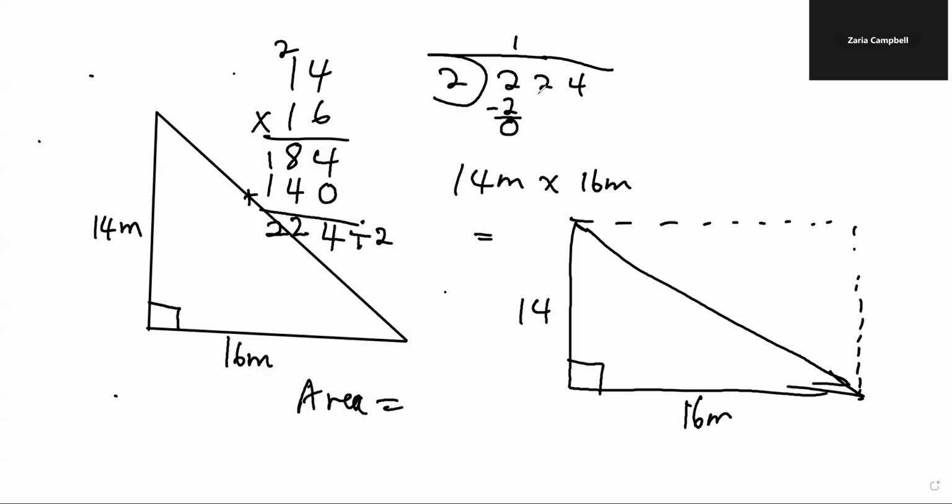And then we bring down the 2. 2 into 2 is 1. 1 times 2 is 2. 2 from 2 is 0. Bring down the 4. 2 into 4 goes 2 times. 2 times 2 is 4.